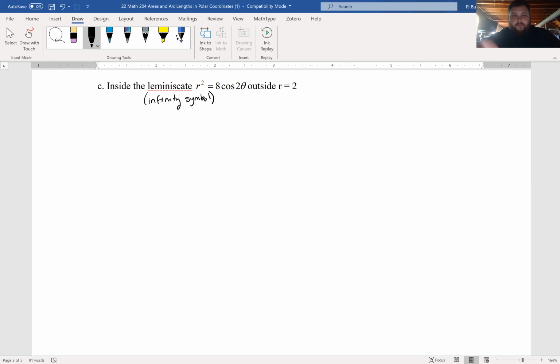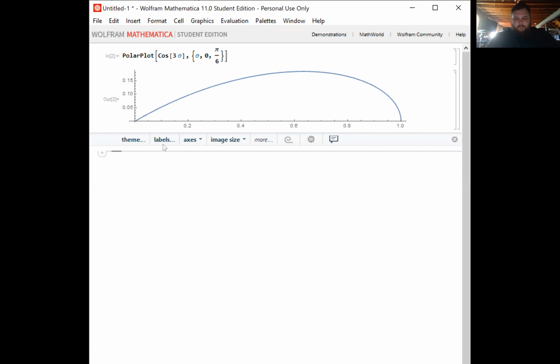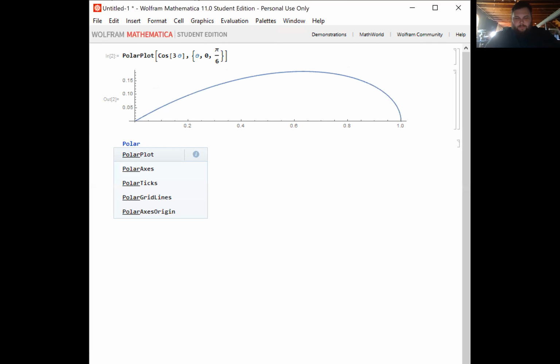So let me go back to Mathematica and plot these. And you guys should be trying to do this on your calculator, in case I do ask you to do this at some point. So we've got 2 functions.